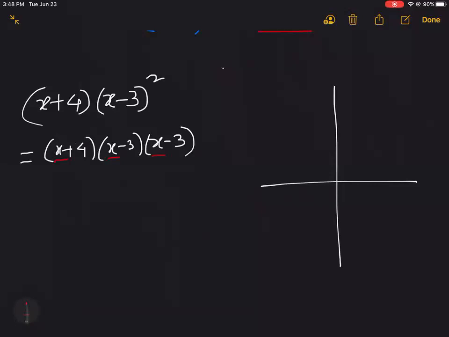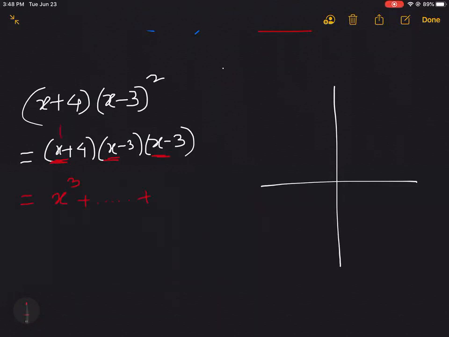Okay, and I can see that this polynomial has 3 x's working as a product, right? So definitely I'll have a format like this, right? Can you see that?